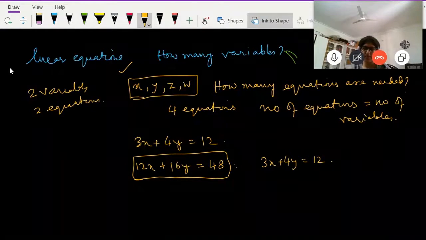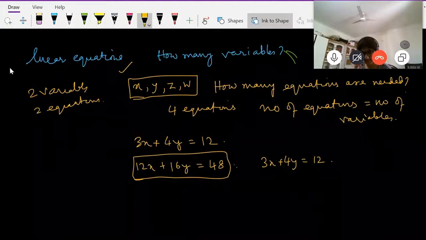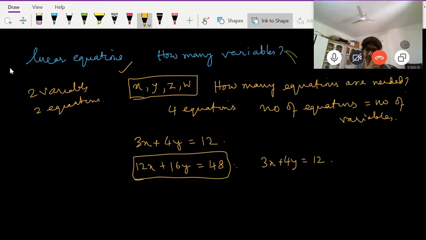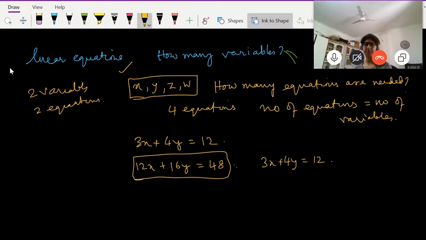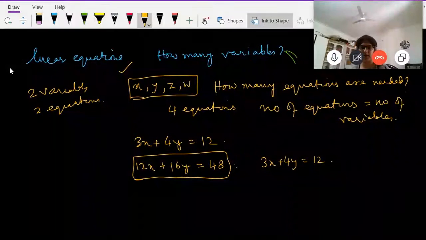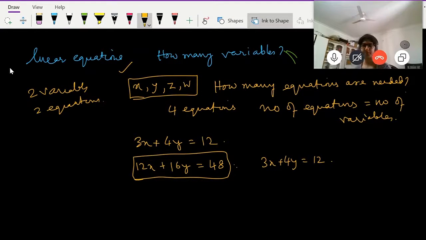So that means we have to have two distinct equations.